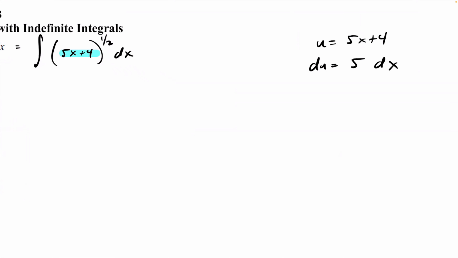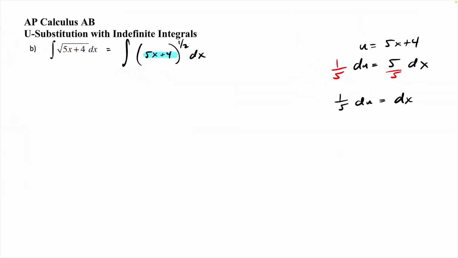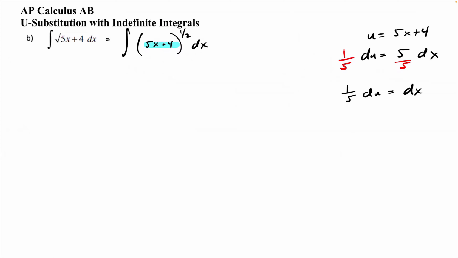Solve for dx. 1/5 du equals dx. Ready to roll. Substitute. U to the 1/2. Dx is 1/5 du.